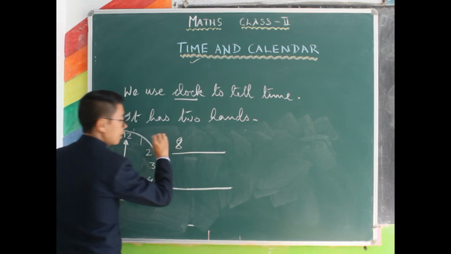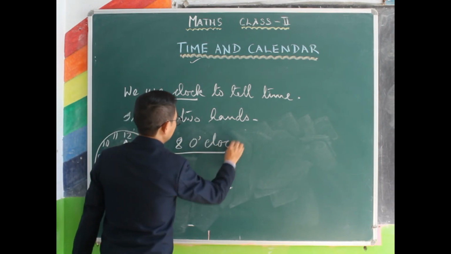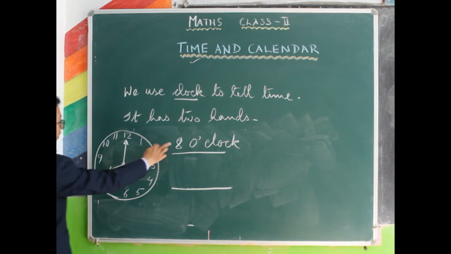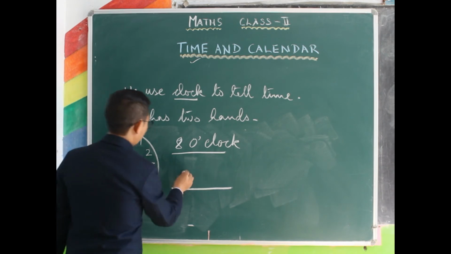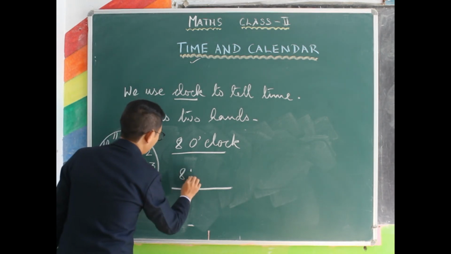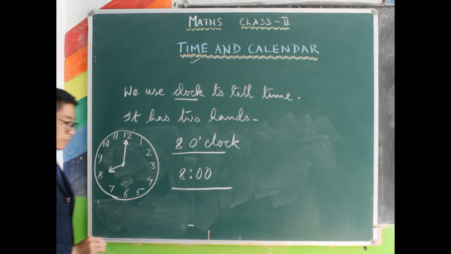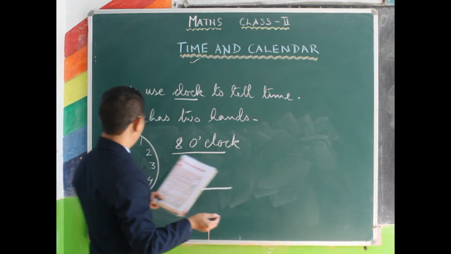It is 8 o'clock. Just see the short hand and write 8 o'clock. Now, how do you write the number only? It is like this. Just write. Simple.